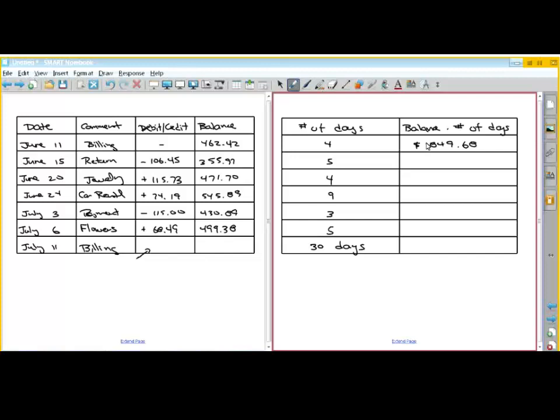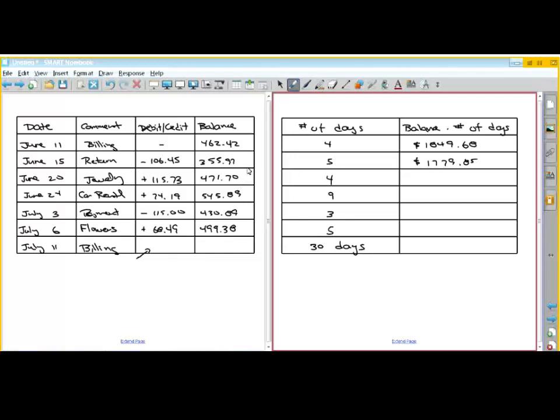Then we take 355.97 times 5. So that is 1779.85.